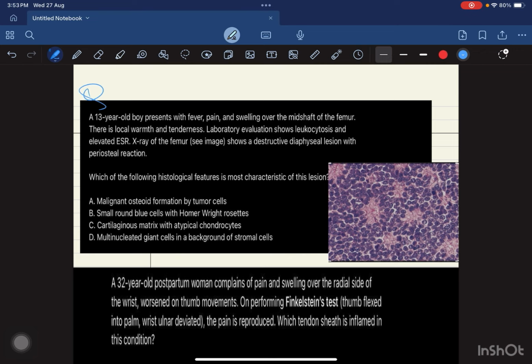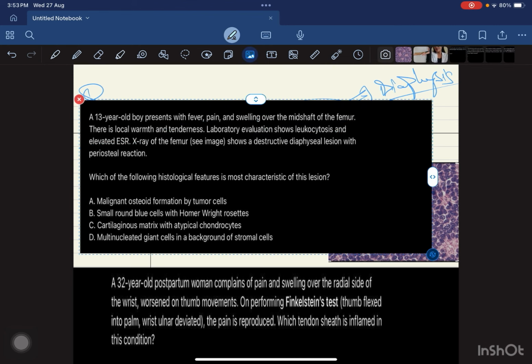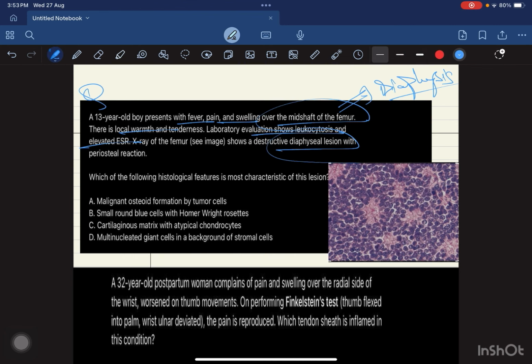The next question is a 13-year-old boy who presents with fever, pain, and swelling over the mid shaft of the femur. So the mid shaft is telling us that the location is diaphyseal. There is local warmth and tenderness. Laboratory evaluation shows leukocytosis and elevated ESR. X-ray of the femur shows destruction in the diaphyseal region with periosteal reaction.